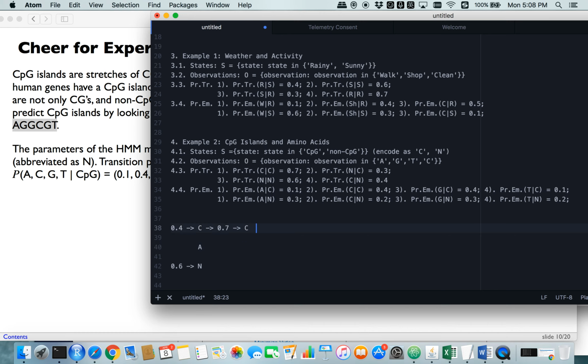Similar things happen for the others. The transition probability between these two is 0.1, and it's 0.6 between non-CPG islands.